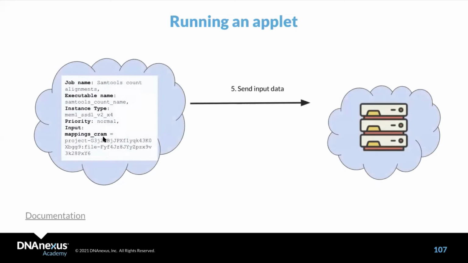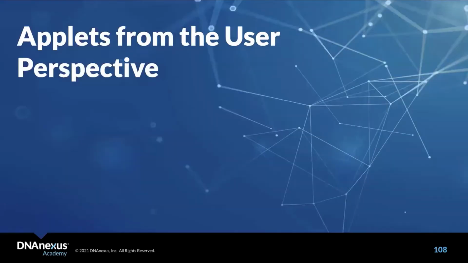And when you are running it, for example, here, again, our SumToolsCount app, which is counting alignments from the CRAM file, you send input data, because somewhere on the cloud, you have your input data. In our case, it will be UK Biobank CRAM files. Then the whole applet is running there. So the SumToolsCountName applet is counting alignments in the specified and provided CRAM files. And then the result, the count of alignments, is sent back to the project. So this was the concept of how we will be building and running an applet.